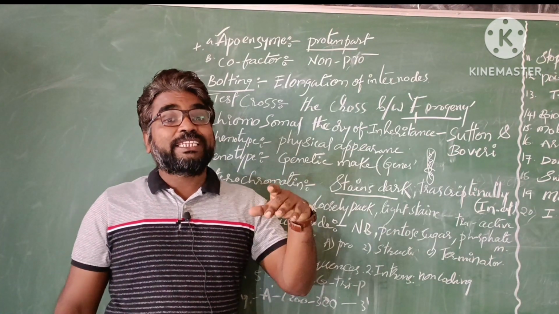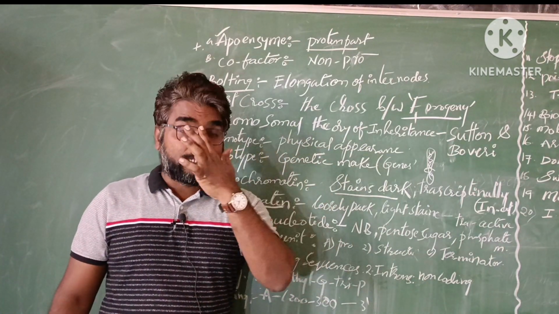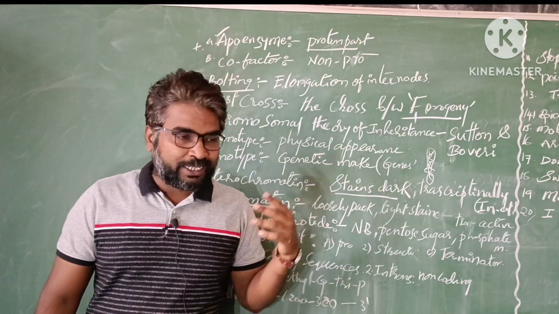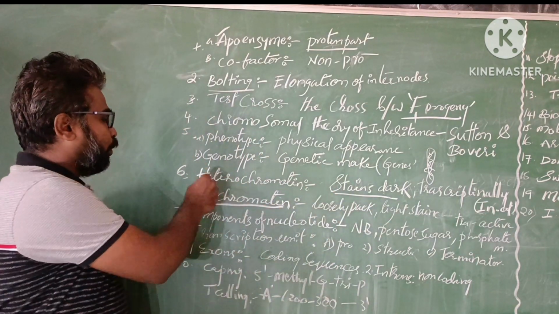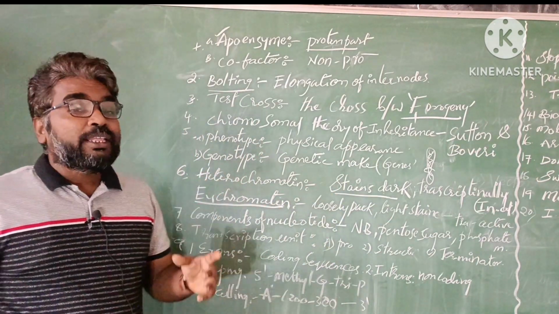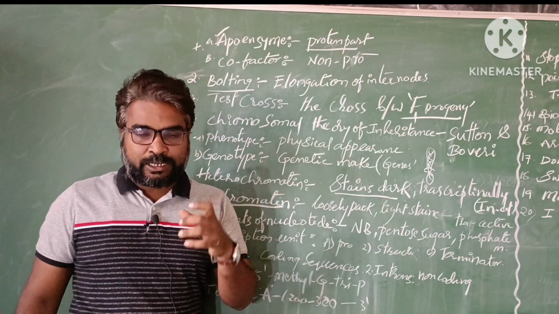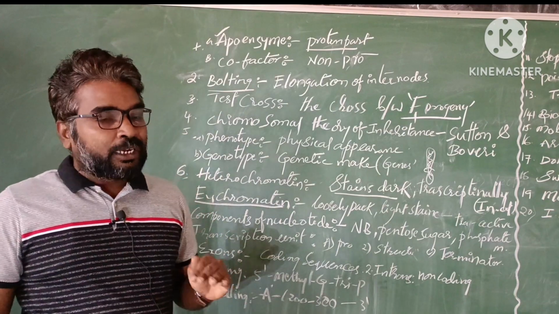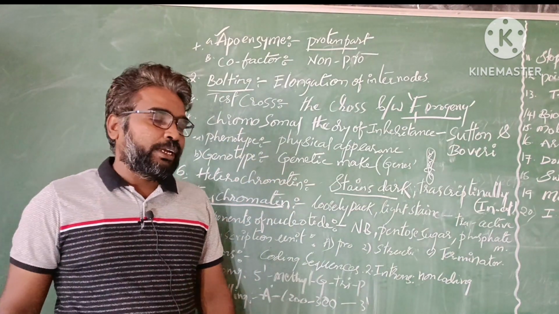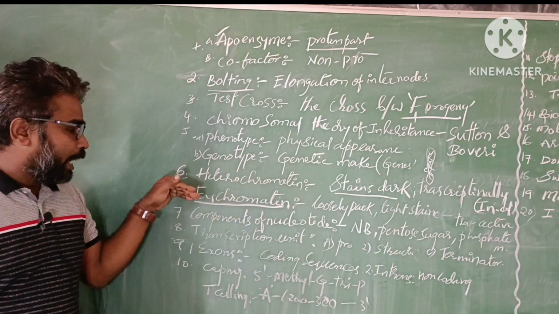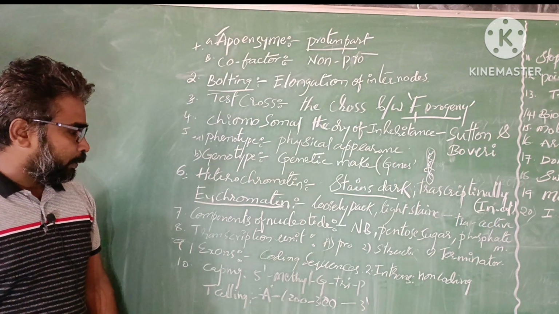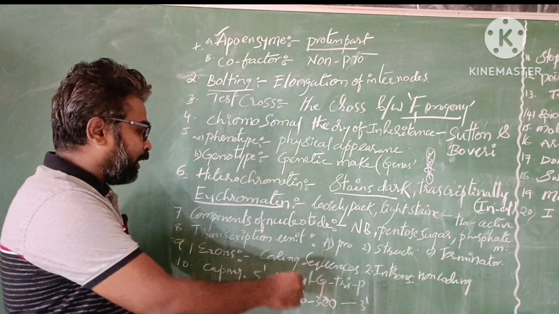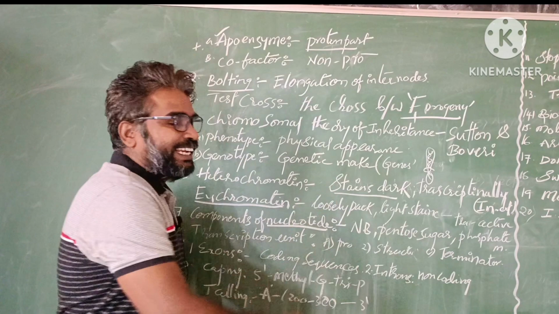So transcription happens here; it participates very actively in transcription. Heterochromatin and euchromatin are divided depending upon how closely packed they are.